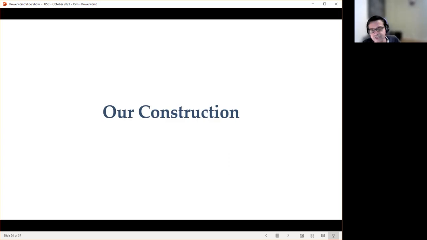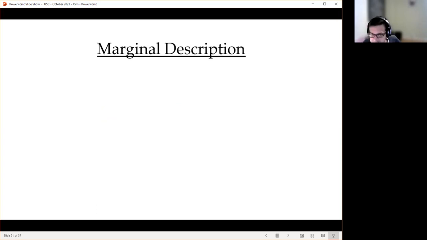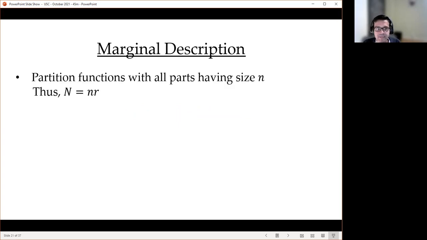So I want to describe this function H, an R-dimensional function, via its marginals. The partition is going to be an equipartition, so every part P1 to PR will have small n elements, and the size of the universe is n times R.